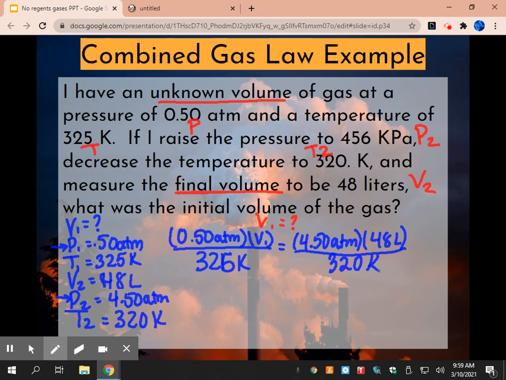So I'm going to solve for the numbers on the right. So 4.5 times 48 divided by 320. So this is 0.675. On this side, 0.5 divided by 325 gives me 0.001538.